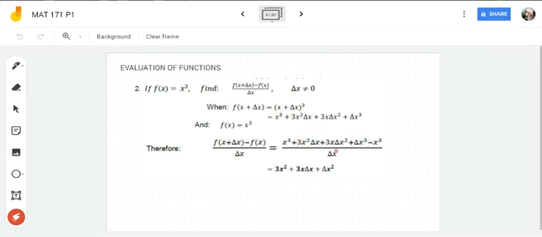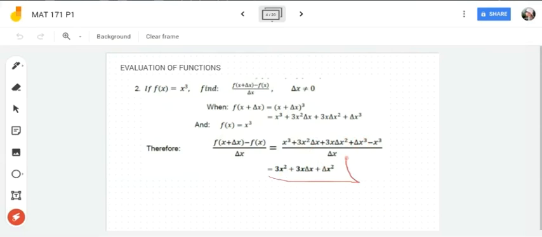And then we will be dividing that equation by delta x. So this will cancel out. And then here we will have a 1 remaining, and then here we have 2. So the final answer will become 3x squared, plus 3x delta x, because that will be removed, and then plus delta x squared.